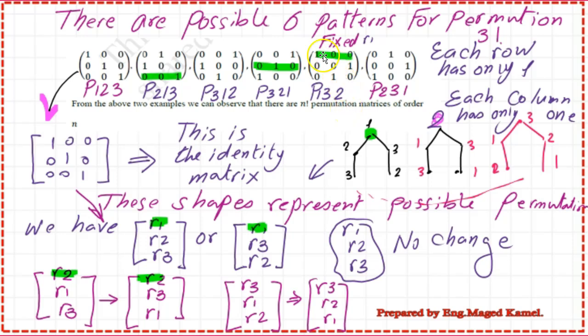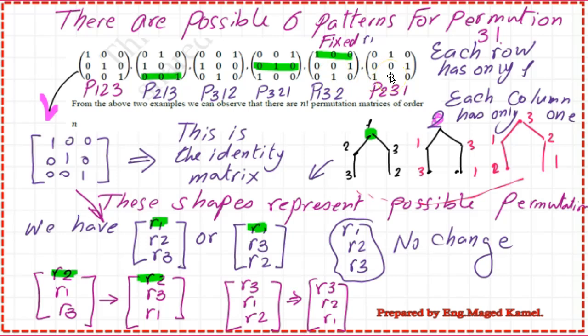B132. The first row is the same, no change from the identity matrix, and the third row 0 0 1 will move here, followed by the second row, which is 0 1 0. The first row 1 0 0 becomes the third row. B132: 1 0 0 is here, followed by 0 0 1, followed by 0 1 0.